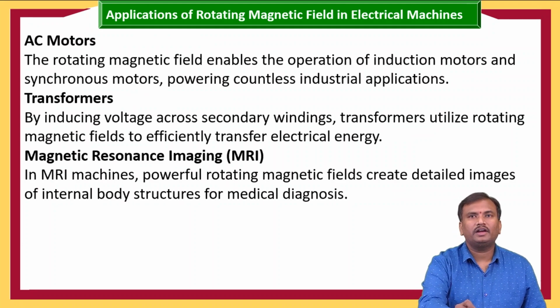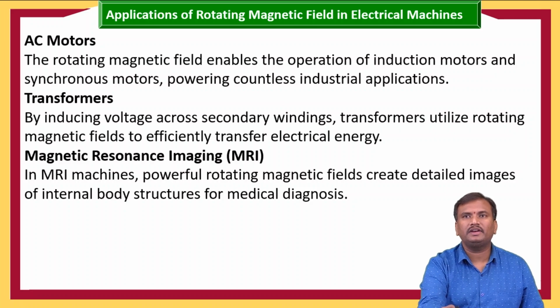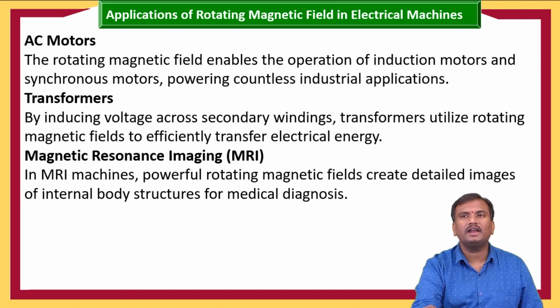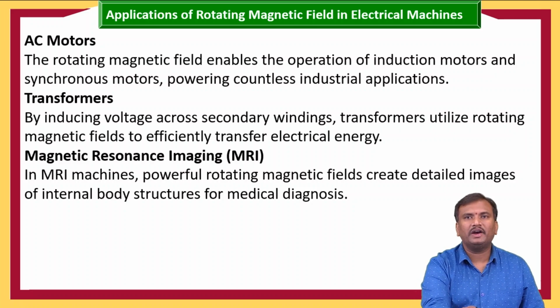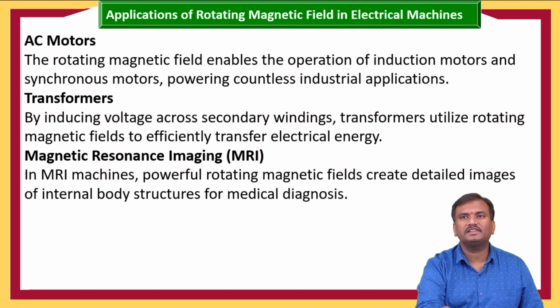In AC motors, the rotating magnetic field enables the operation of induction motors and synchronous motors, powering countless industrial applications. In transformers, by inducing voltage across the secondary windings, the transformers utilize the rotating magnetic field to efficiently transfer electrical energy.